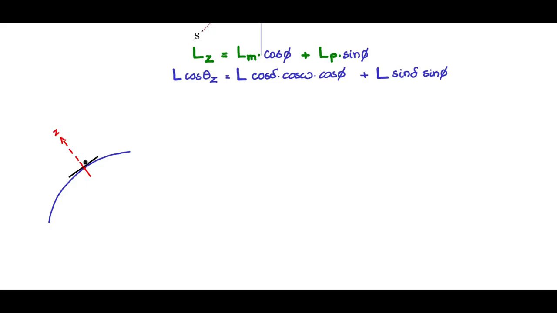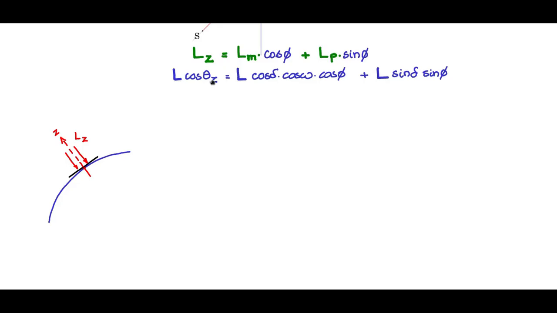So it is of interest to us that along the z-axis, what is the amount of insolation Lz that is falling on this flat plate collector, and that we saw from this equation. Lz is nothing but L cos theta z, where theta z is the zenith angle.